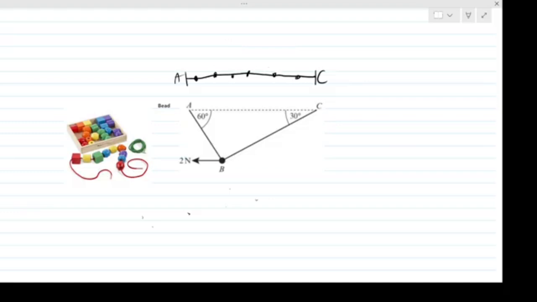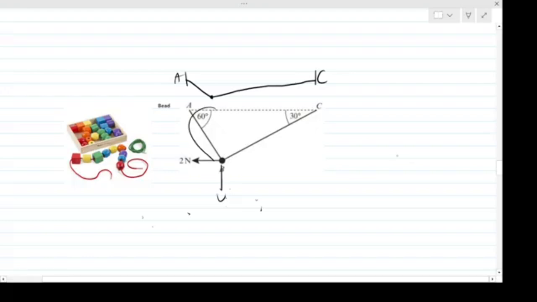Because strings are light, usually the strings themselves have no mass, as the bead moves through the string it might droop downwards. So let's say the bead is here. Because the bead, or the particle, has a mass that's pulling it down, it'll pull the string down as well, which hence we get the diagram here.